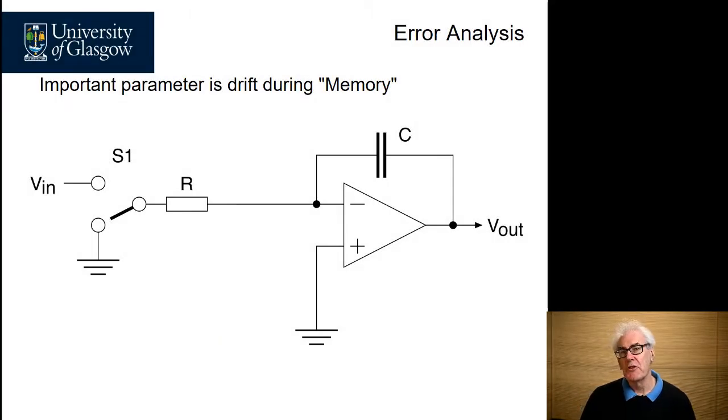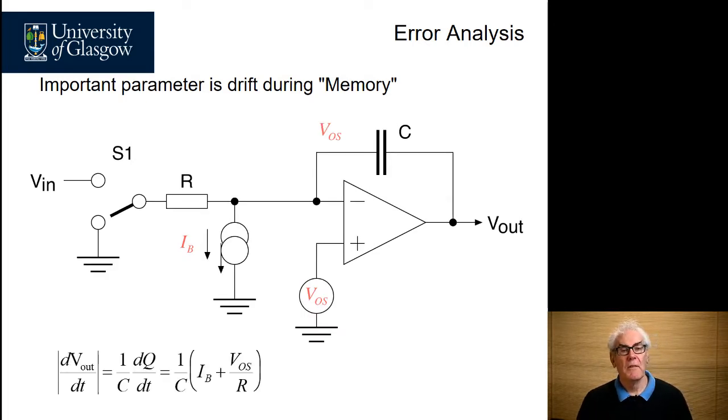One of the important issues with memory, and capacitive memory in particular, is the concept of memory drift. So when the input voltage is at 0, the output voltage should not change, but due to errors such as bias current, offset voltage or current, it can actually change and it causes a drift in the output voltage. Looking at our circuit, we have a bias current.